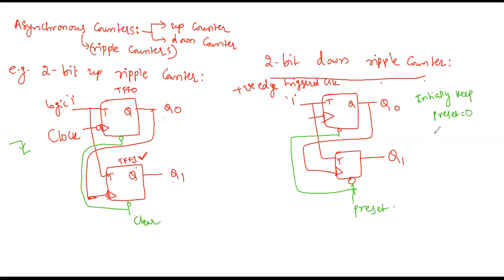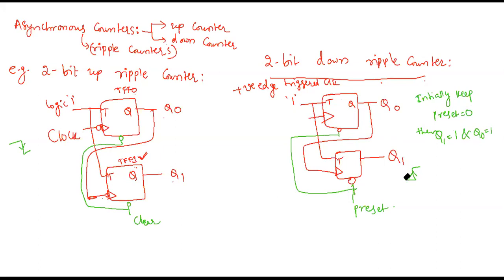When preset is equal to 0, you will get Q1 equal to 1 and Q0 equal to 1. This is the preset activity. Whenever the preset line is equal to 0, it will make Q1 and Q0 both 1. Then when you apply the clock pulse, only on the rising edge will it change the output value.